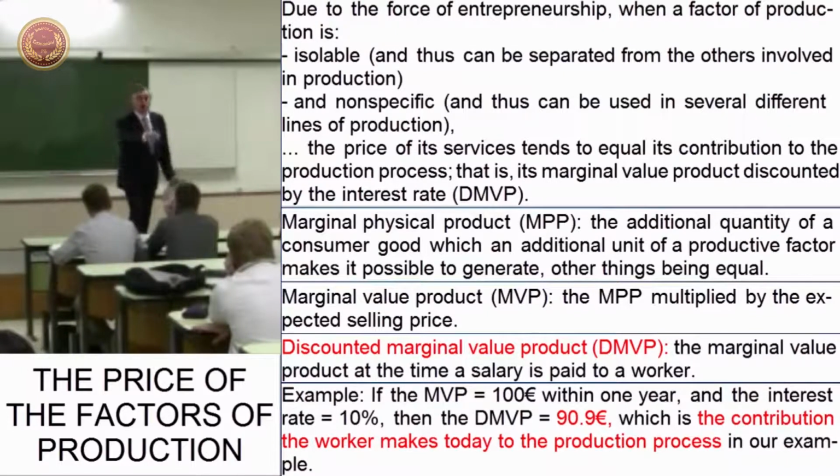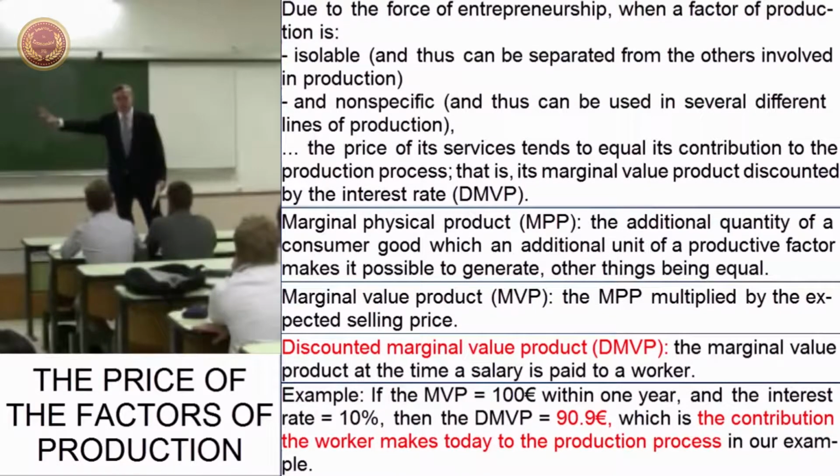Therefore, the amount paid to any factor of production is known as the discounted, by the interest rate, marginal value product, the value today of the present contribution of an additional unit of productive factor to the generation of a final consumer good that will be finished only after a period of time, for instance, 1 year.